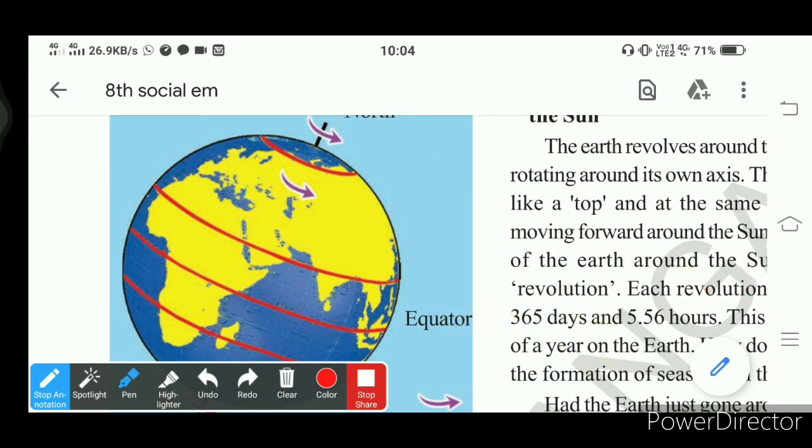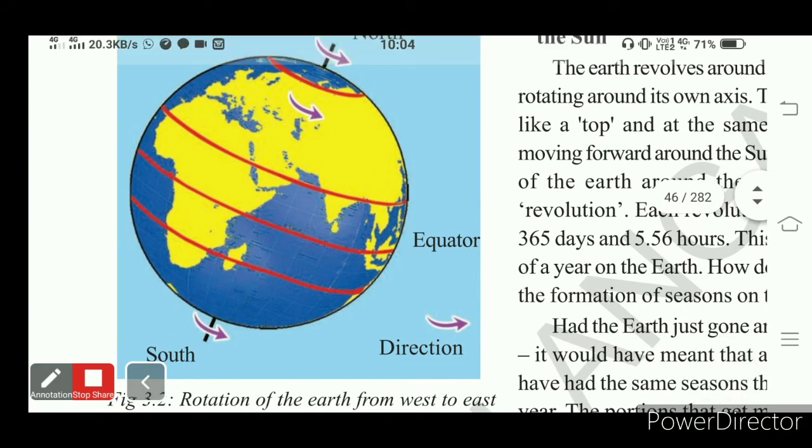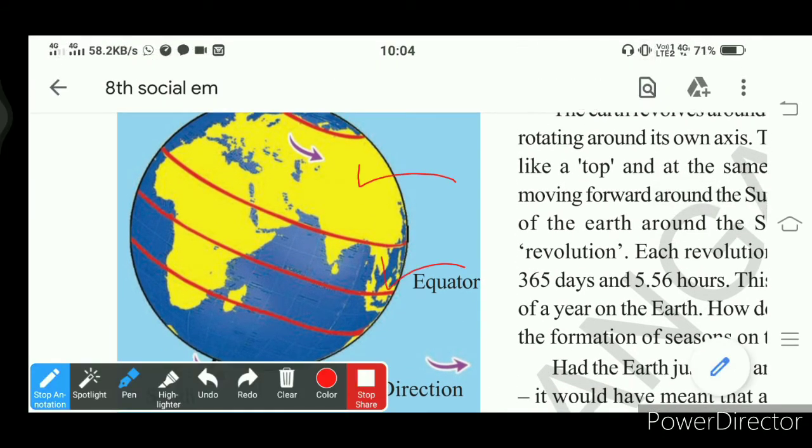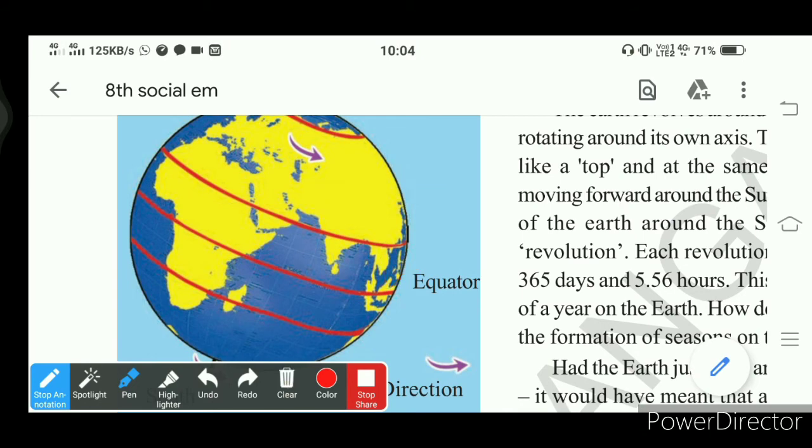Okay. Then from 23 and a half degrees, the Tropic of Cancer in the northern hemisphere, to another line at 66 and a half degrees north latitude, that is the Arctic Circle, and another circle at 66 and a half degrees we also see here. Dear students, look here: this is the 23 and a half degree Tropic of Cancer, here is the 66 and a half degree Arctic Circle, and one more circle will be here, the 66 and a half degree Antarctic Circle.